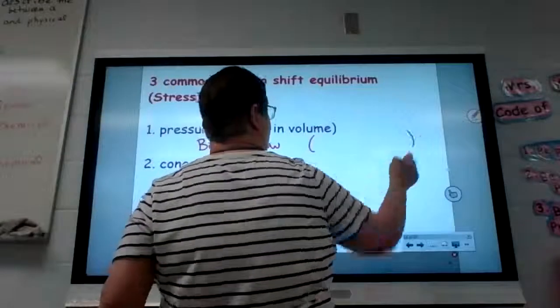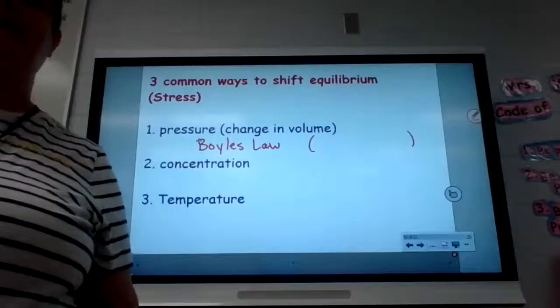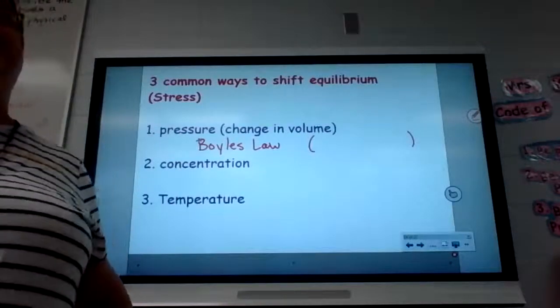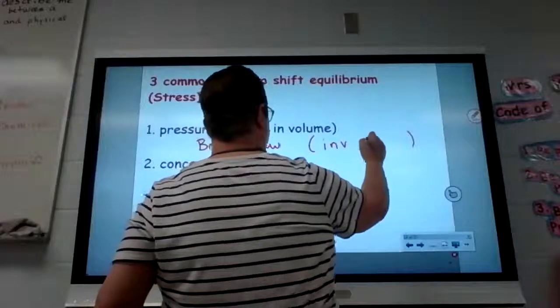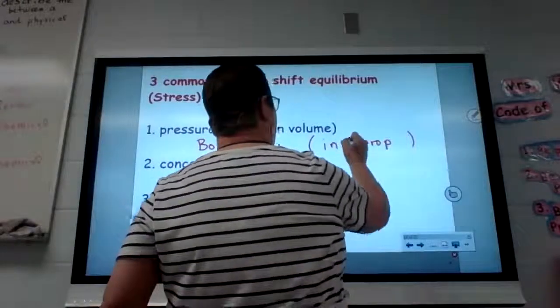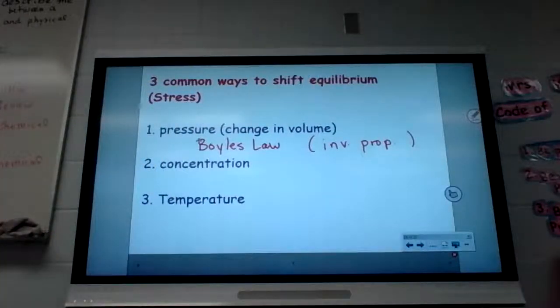They're either inversely or directly. We got the two. They're what? Inversely. They're inversely proportional. That's good. We knew it was one of them. We got it narrowed down to a 50-50 shot. So inversely means what again? Opposite. One goes up, the other goes down.